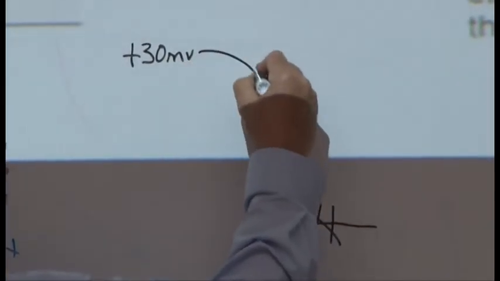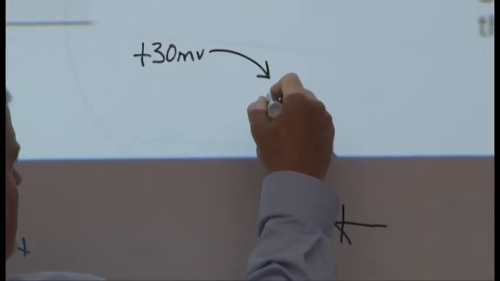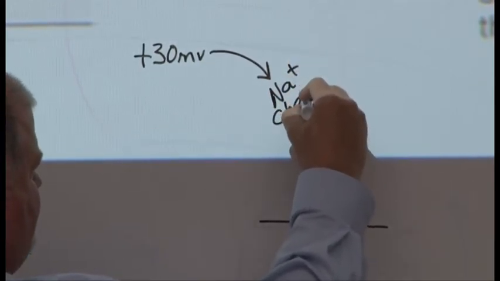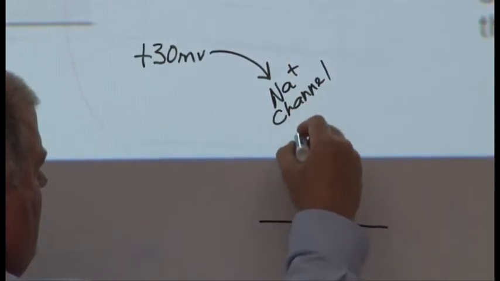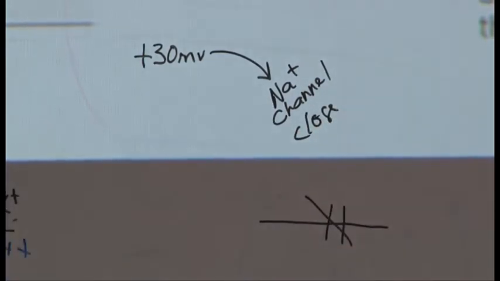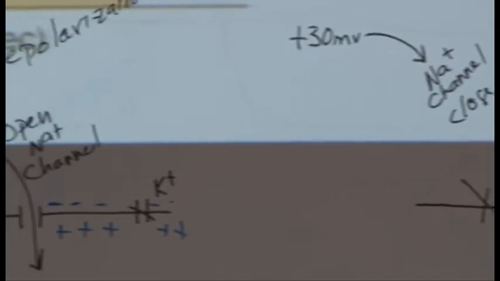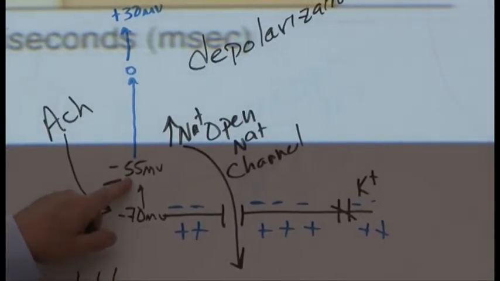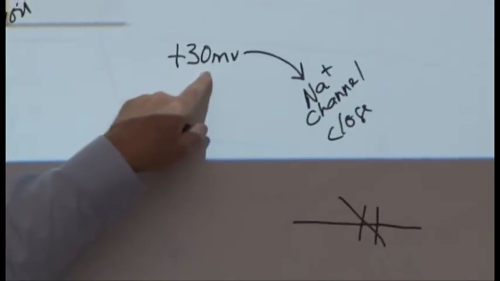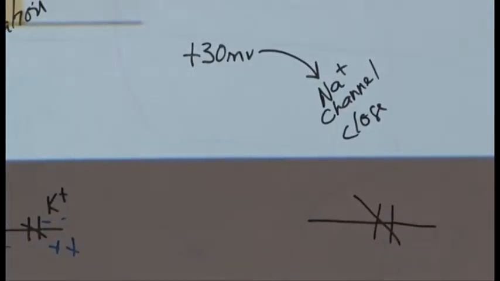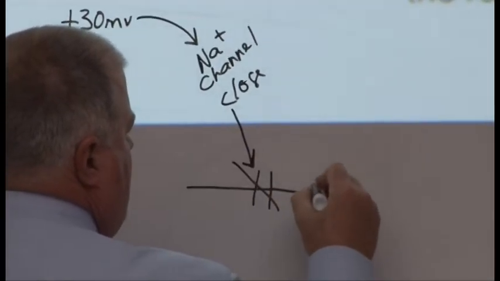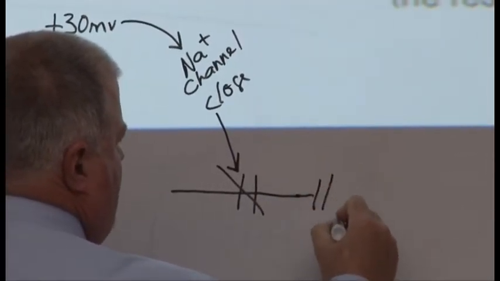So this plus 30 causes the sodium channels to close. What actually activated them was a movement toward minus 55, and what eventually closes them is when the membrane hits plus 30. As soon as the membrane hits plus 30, the sodium channels close and potassium channels open.